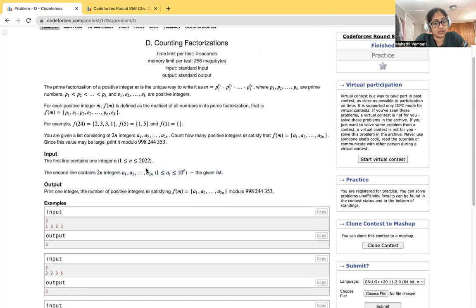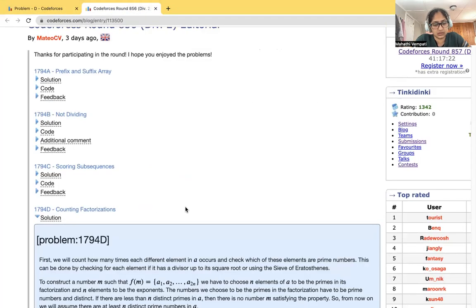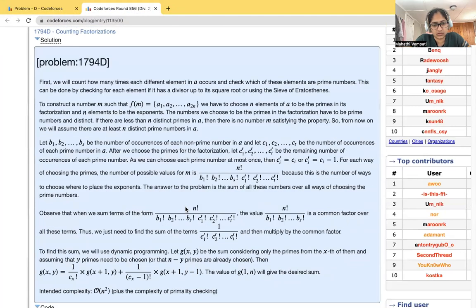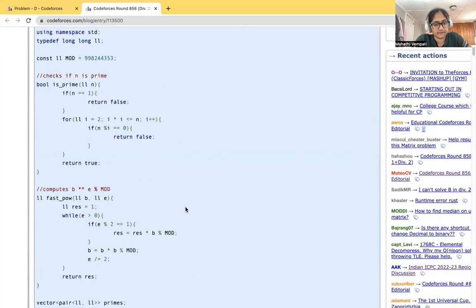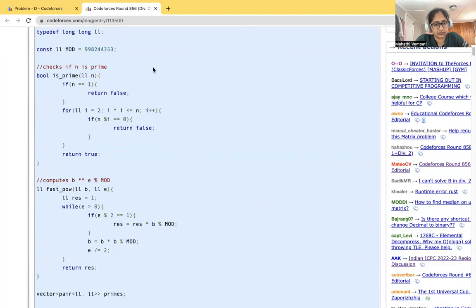So that's 10 cubed for 1,000 numbers. That's not nice. Or is that okay, apparently? 10 to the 6 is usually the limit, no? Okay, apparently this works.